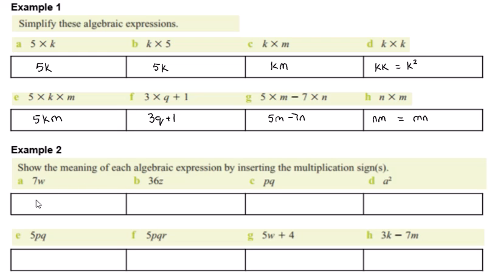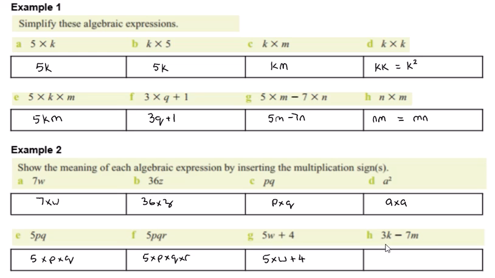So 7w means 7 times w. 36z means 36 times z. pq means p times q. a squared means a times a. 5pq means 5 times p times q. 5pqr means 5 times p times q times r. 5w plus 4 means 5 times w plus 4.